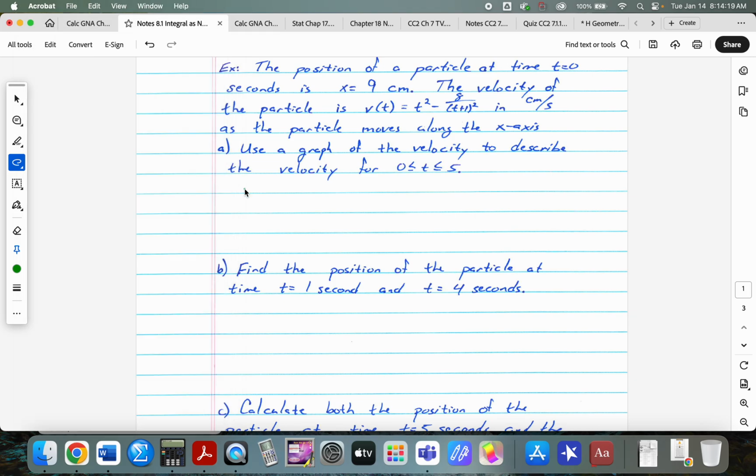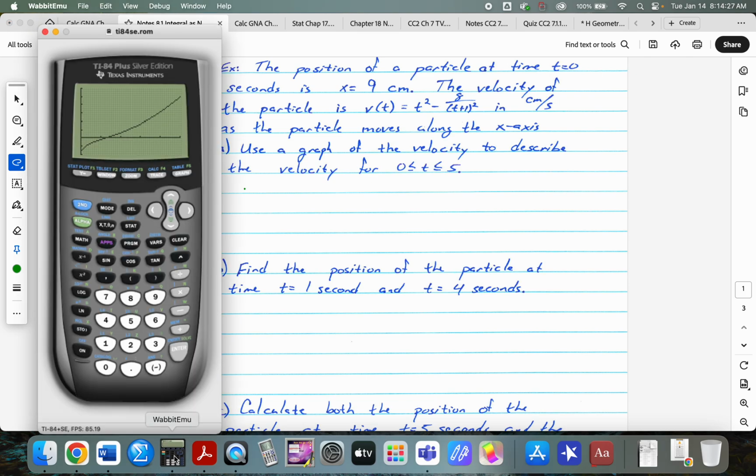So we wanted to describe the velocity on the interval from 0 to 5. All right. So if we're describing the velocity, we should probably talk about where it starts. So the initial velocity is -8.